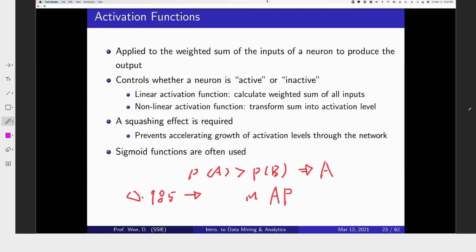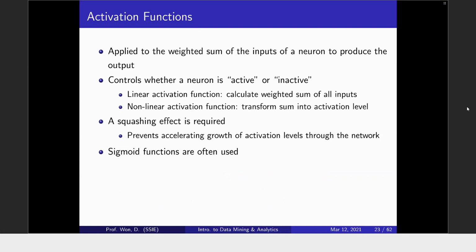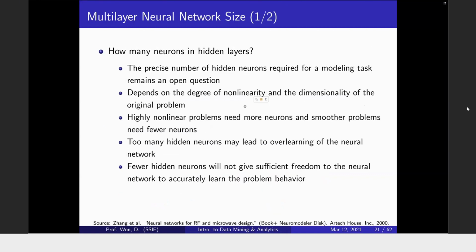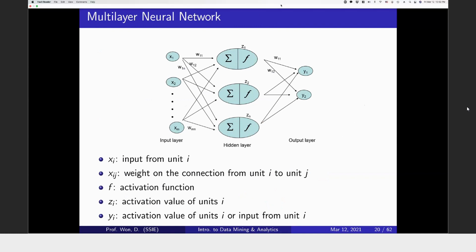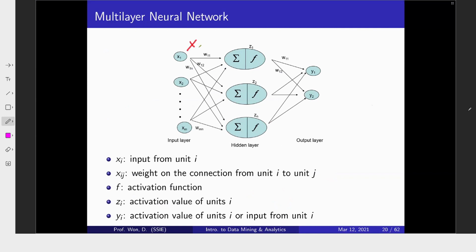For example, x1 multiplied by w11 plus some value, and this one is going to be the input summation, right?